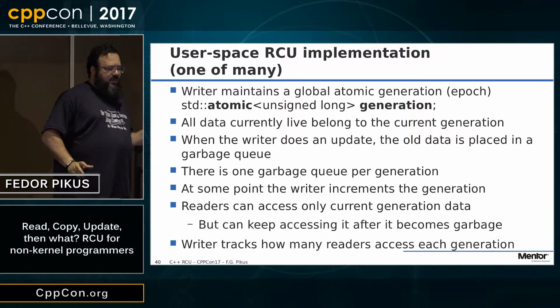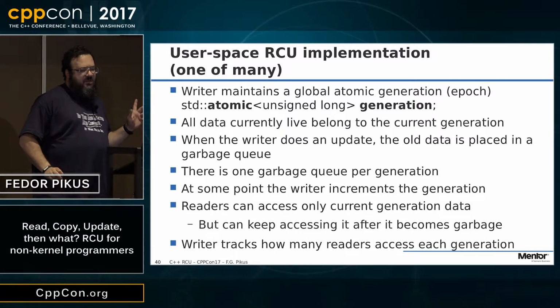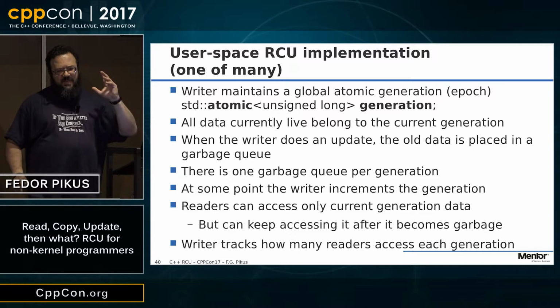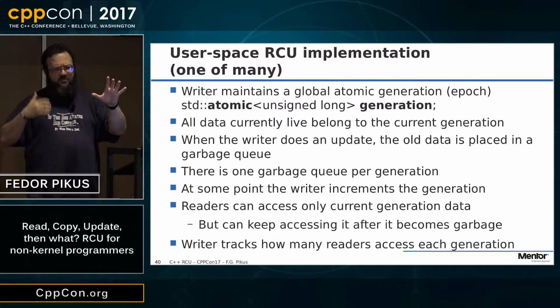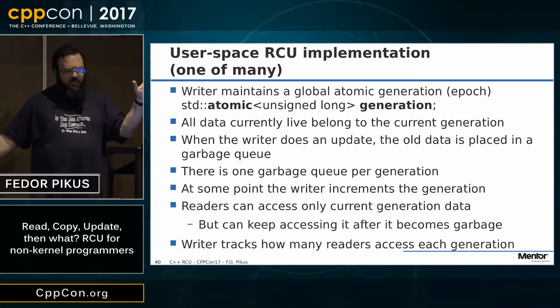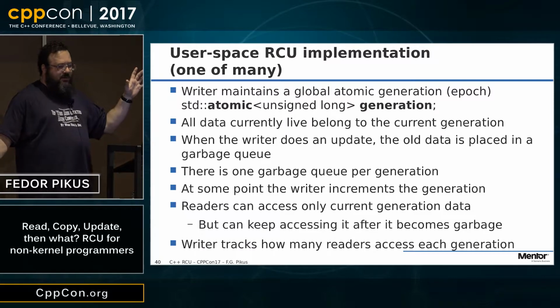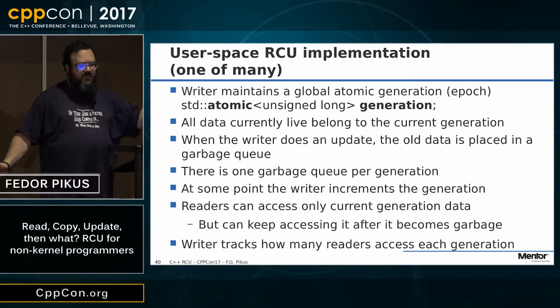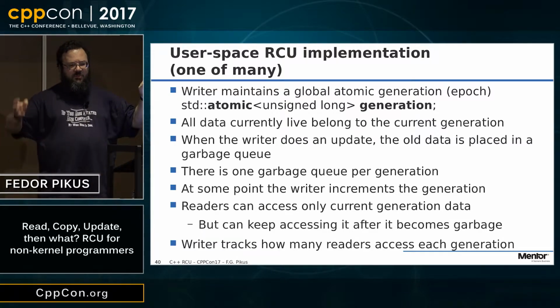Now, any reader that is currently beginning to access this list can only access the current generation, because they can't access anything that has already been put on the garbage queue, not accessible from the list anymore. But any reader that started accessing the list can keep accessing it long after some node became garbage.